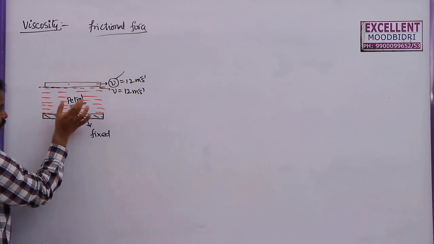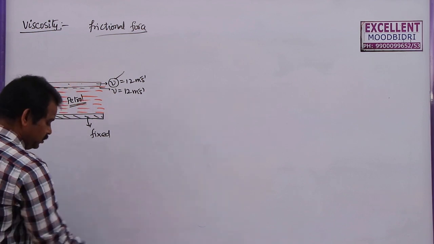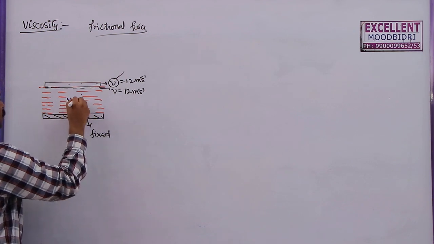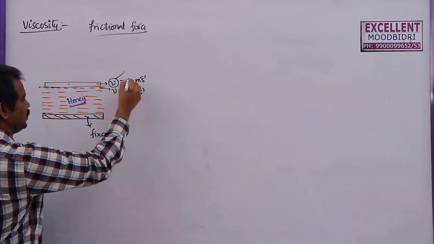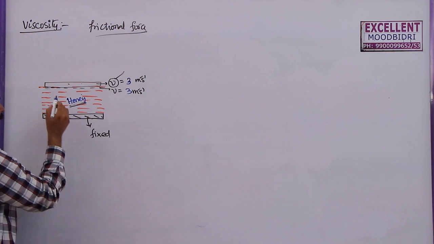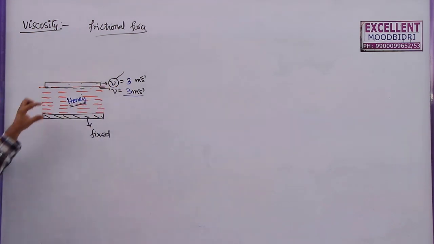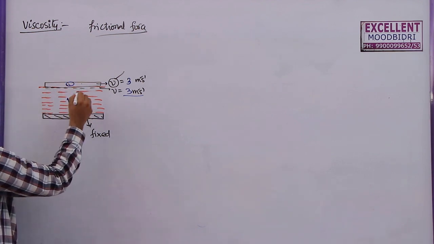Whenever the liquid changes, the velocity of this one will change. Now, instead of this one, suppose you keep some honey, which is more viscous, then the velocity will decrease. Let us say this is 3 meter per second. Why? Because the velocity of the upper surface of the honey is also 3 meter per second. So this velocity is based on the velocity of this liquid.